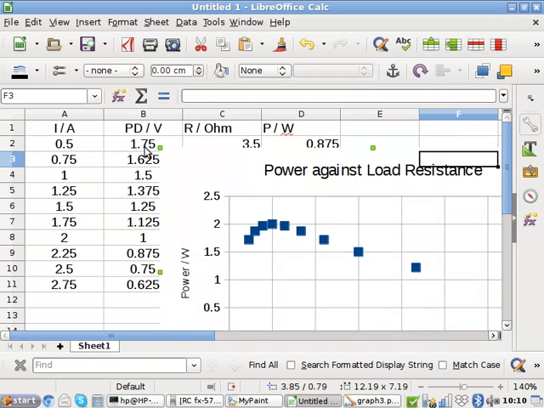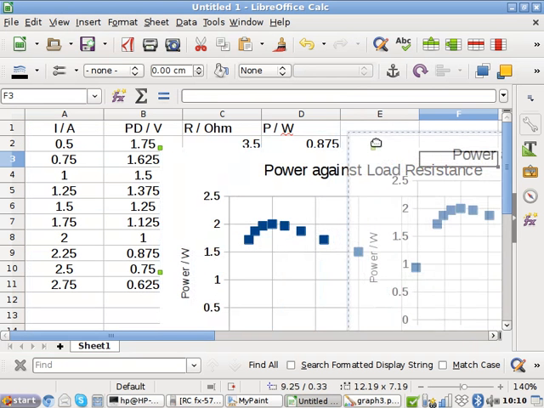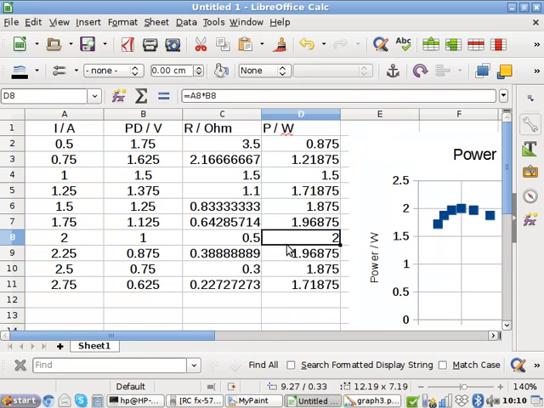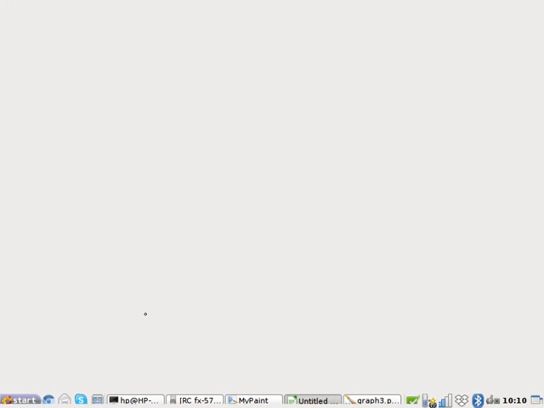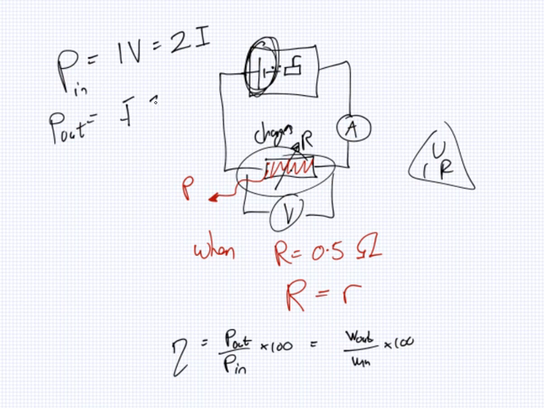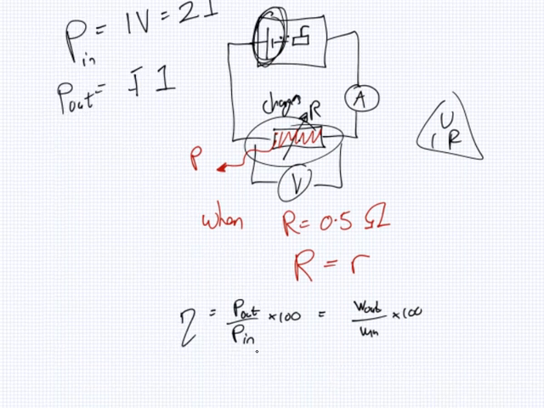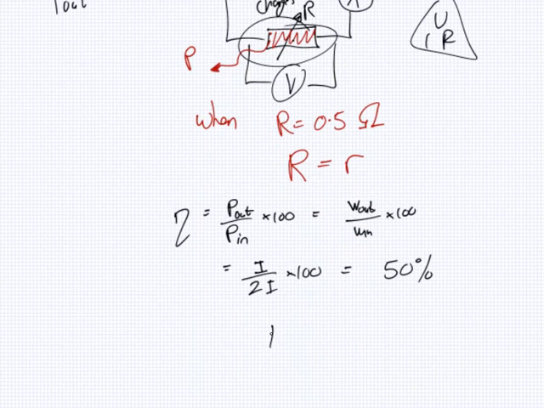So this is the maximum here, and at the maximum the voltage through the resistor is 1. So that's I times 1. So using this formula, it would be 1I over 2I times 100, which equals 50%. So in other words, the efficiency must be less than or equal to 50%.